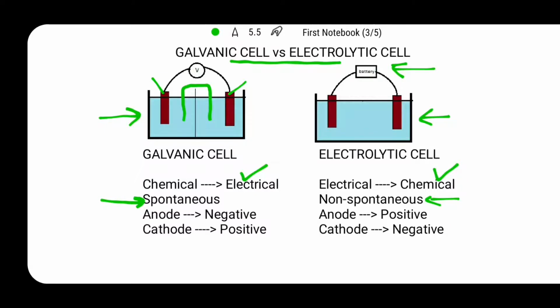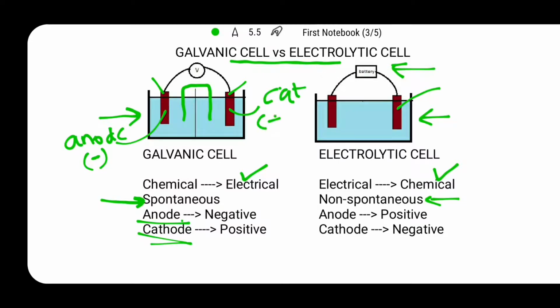From our previous video, we learned the term electrode, being a metal rod placed within the electrolyte. There are two types of electrodes, namely the anode and the cathode. In a galvanic cell, the anode is the negative electrode, and the cathode is the positive electrode.